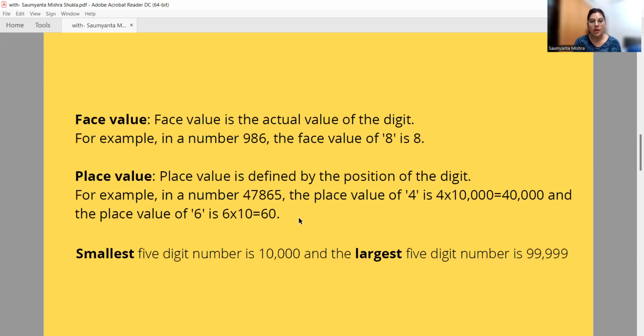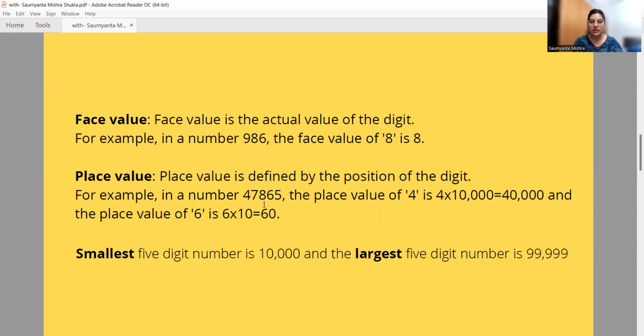Now, for defining the place value of the digit, we have to know the position of that digit, because the place value of a digit in a number is defined by the position of that digit in that number. Like in the first number, we have 986. So the position of 9 comes under hundreds place. So the place value of 9 will be 900.